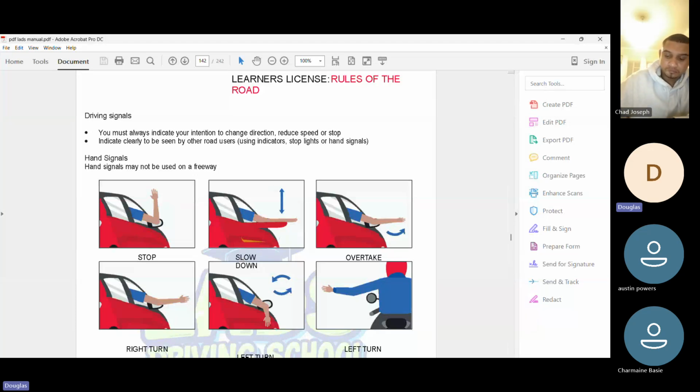Okay, we're continuing. Driving signals. You must always indicate your intention to change direction, reduce speed, or stop. Indicate clearly to be seen by other road users using indicators, stop lights, or hand signals.